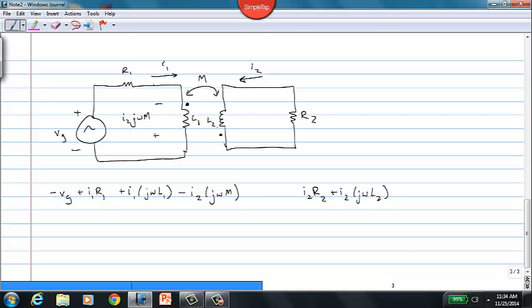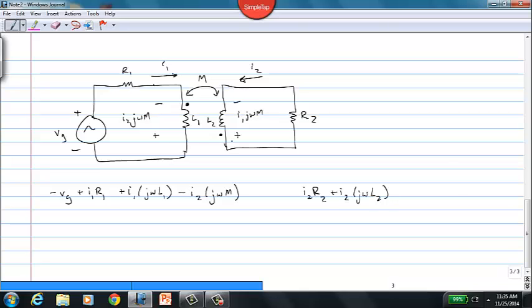Now we have to account for the voltage established across L2 due to the mutual inductance. The reference current establishing that in this case is I1. I1 enters the positive terminal. Here we see I1 coming down here. Here's the positive terminal. Therefore, the voltage it establishes is positive over here. So that's minus, plus, and its value is I1 j omega M.